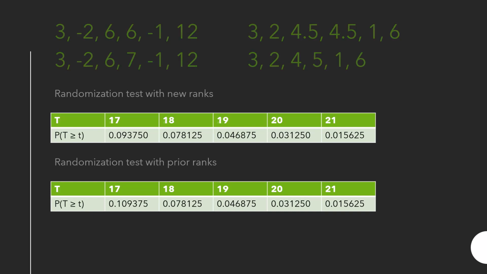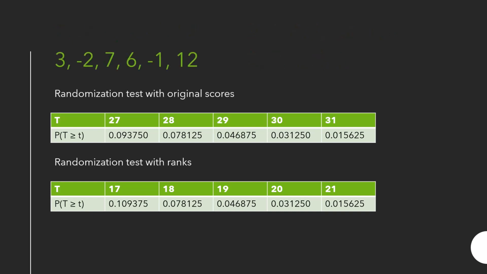Now let's look again at our two partial probability tables, one with original scores and one with ranks. Suppose that I set my tolerance for errors at 0.05. What would be the critical value if I was using original scores? I am looking, of course, for the value in which the probability of that value or greater will not exceed 0.05.